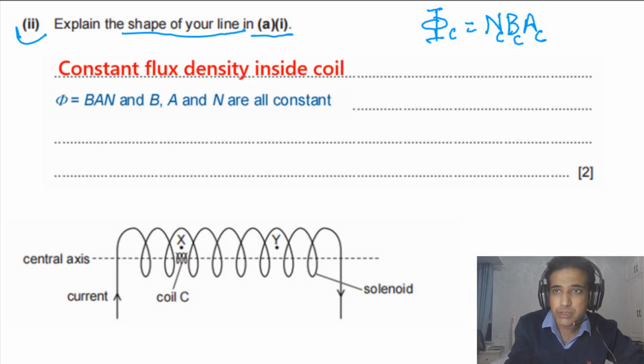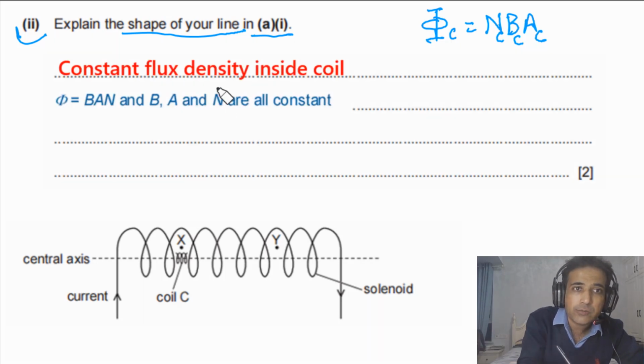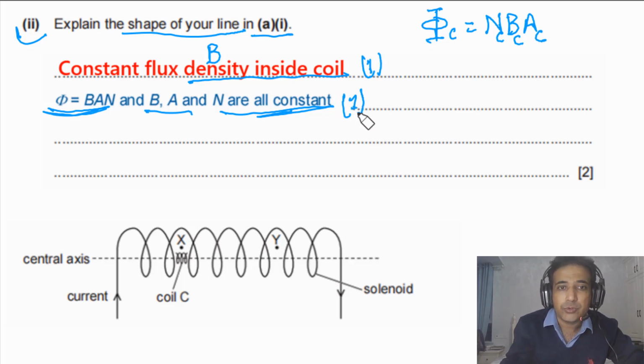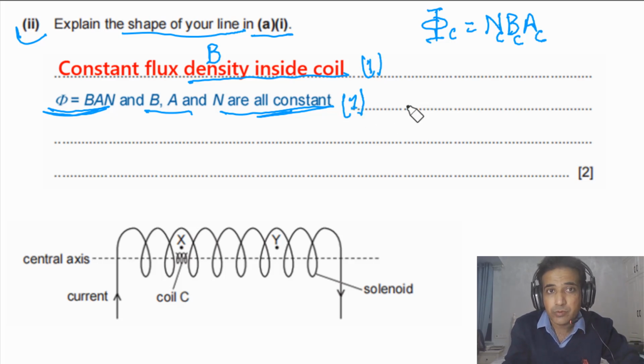The first point you can say is constant flux density inside coil. Flux density simply we are talking about B. Then flux linkage is equal to BAN. B is constant, A is constant, and N is also constant. So if you have written the first point, you will get 1 mark, and for the second one, you will get the second mark. So this is how these 2 marks will be awarded.